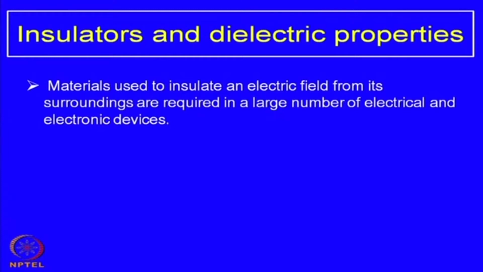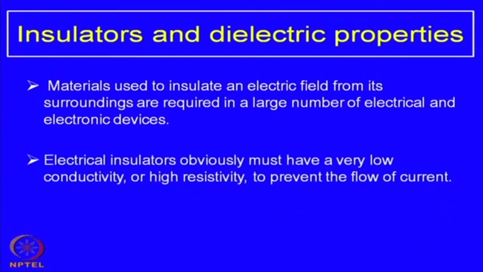So, in addition to the dielectric properties, just simple insulation is also important, and whenever we are using a semiconductor device or a conducting material, an insulating material is quite useful to insulate it from its surroundings, and that is another function of an insulator.